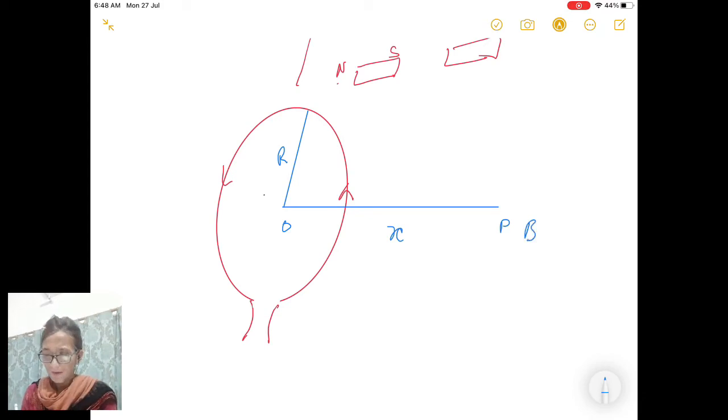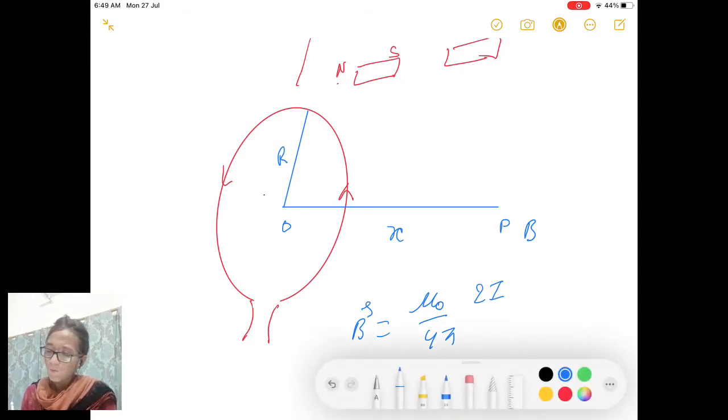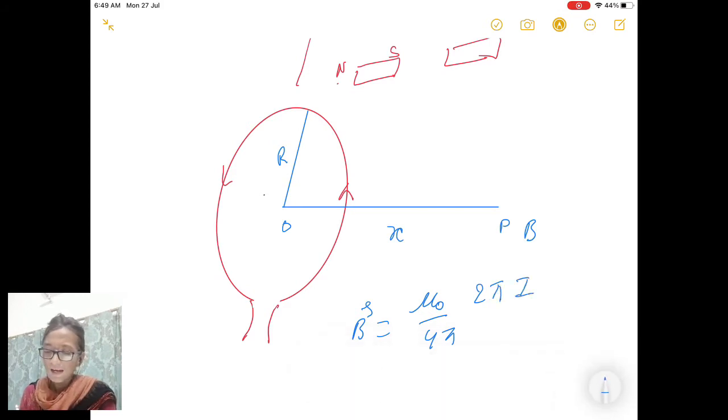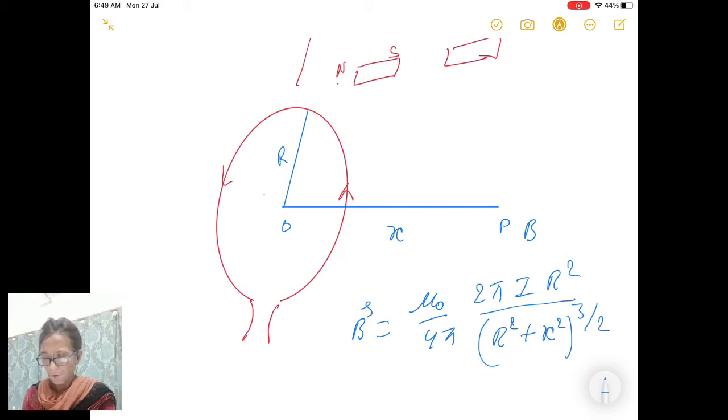Here we have to find the magnetic field, and we know the magnetic field due to a circular coil along its axis is equal to mu naught upon 4 pi times 2 pi I into square of radius upon (r square plus x square) whole power 3 upon 2.